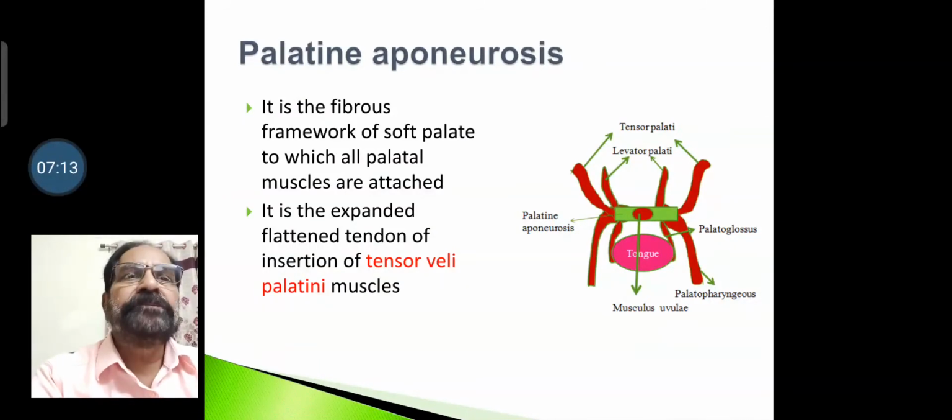Palatine aponeurosis, you can see in the picture. It is the fibrous framework of the soft palate to which all palatal muscles are attached. It is the expanded, flattened tendon of insertion of tensor veli palatini muscles.